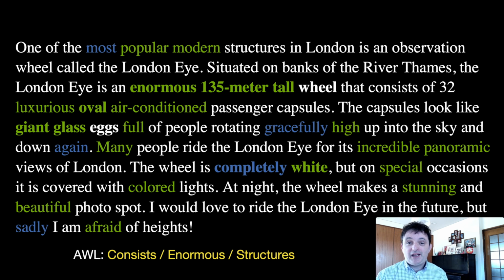For example, an incredible panoramic view is more specific than it has a great view. It just gives more detail. And you'll learn these words if you do reading and search for examples on the internet.